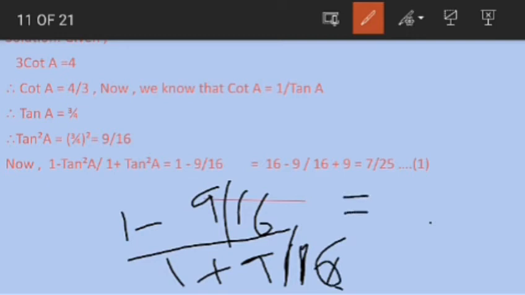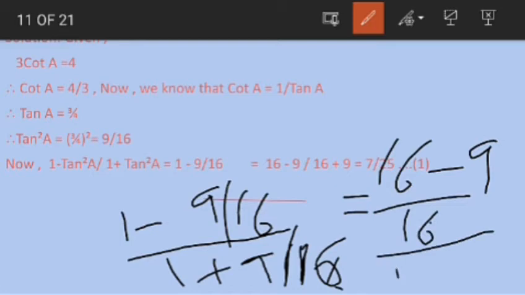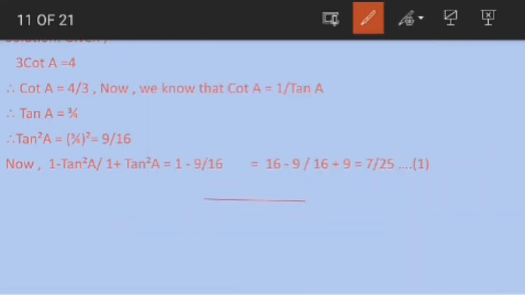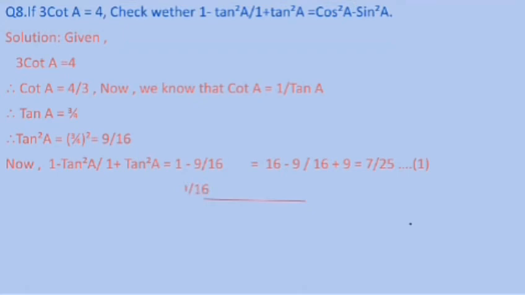So it is going to be 16 minus 9 upon 16 over 16 plus 9 upon 16. The 16 will cancel out, and you will be left with 16 minus 9 upon 16 plus 9, that is 7 by 25.